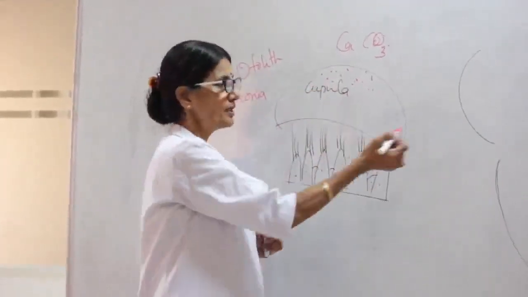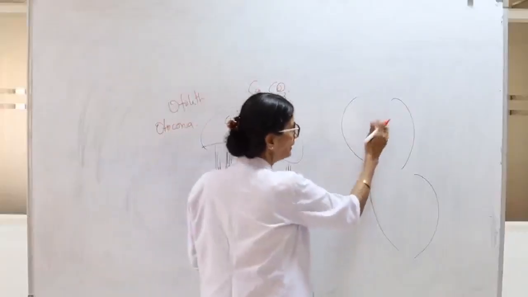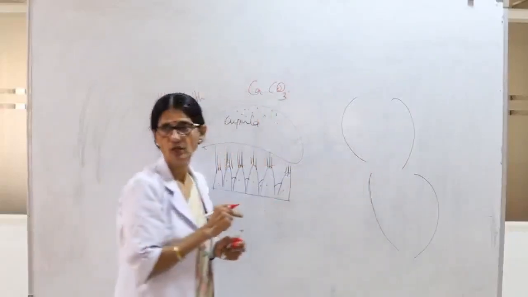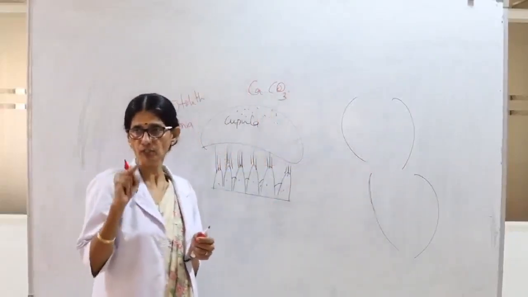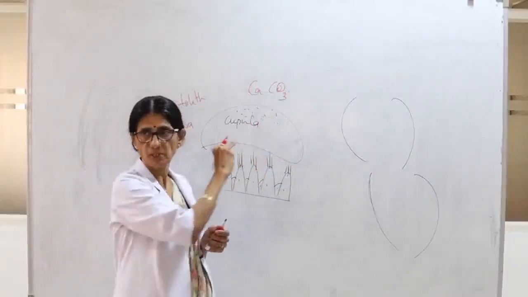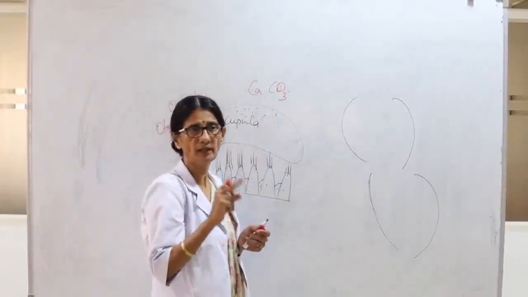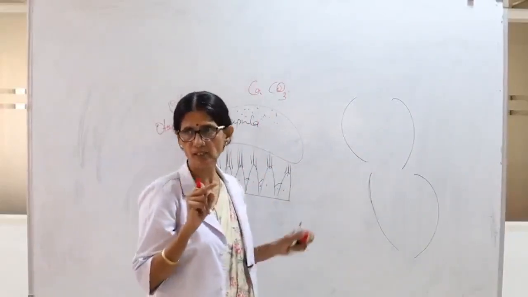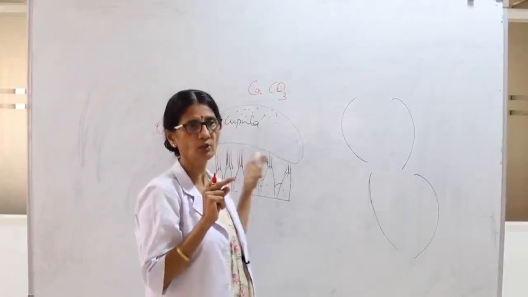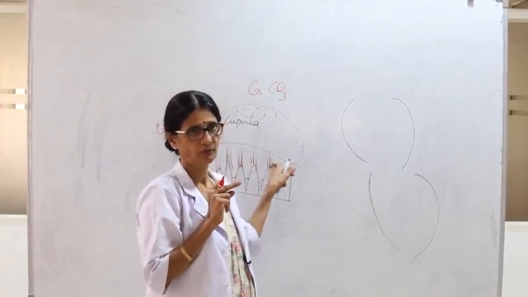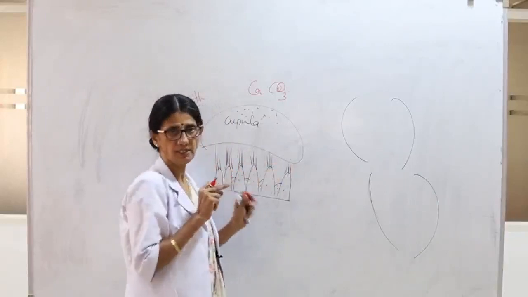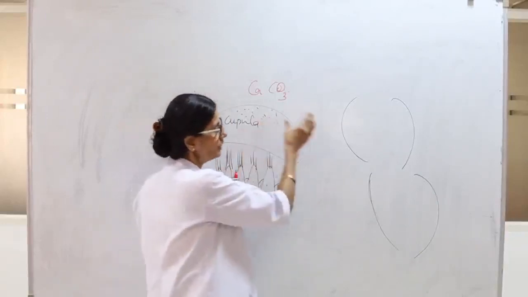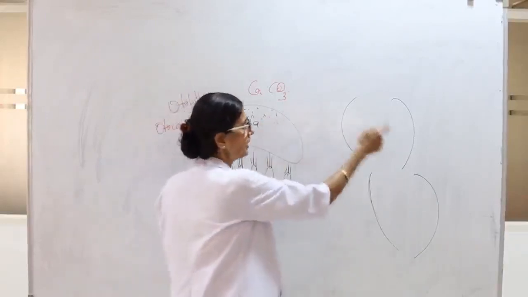So the receptors present in the utricle and the saccule are always under the influence of gravity because of this high specific gravity contributed by the calcium carbonate crystals on top of the gelatinous material, or the cupula.